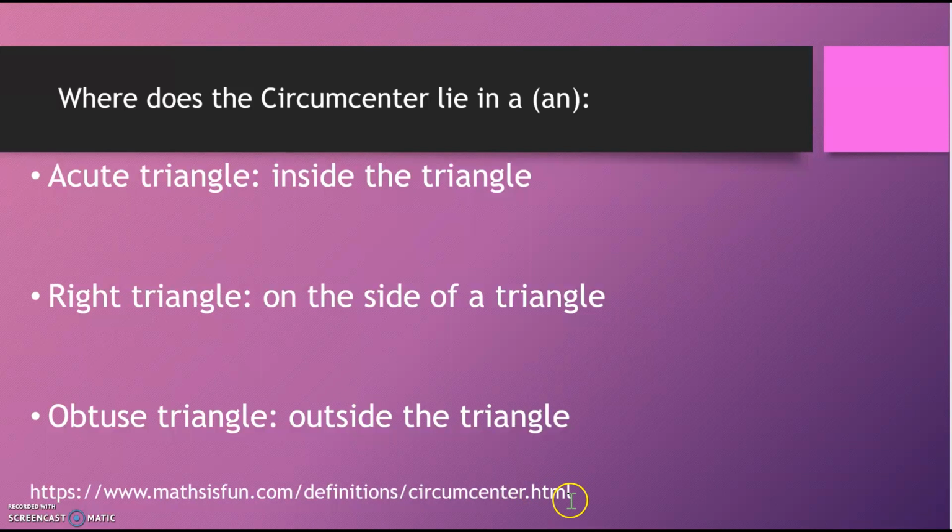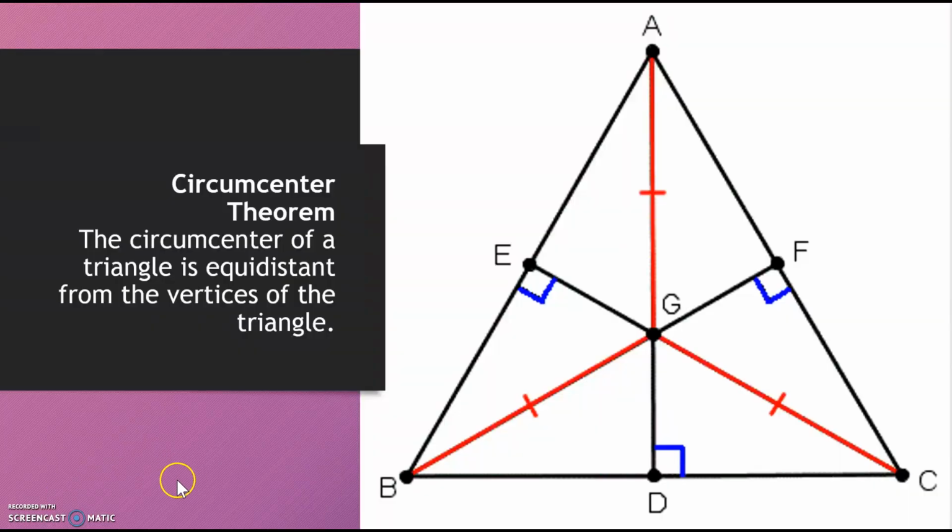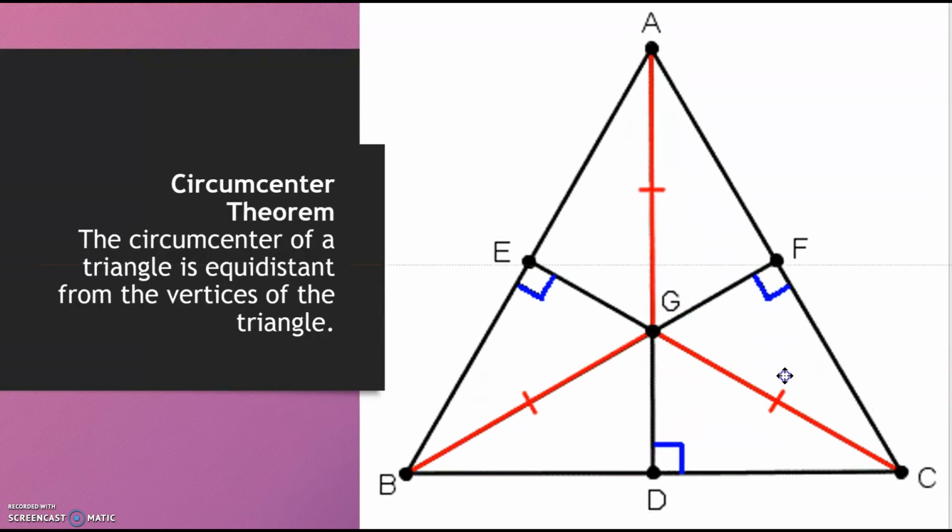You can also find all this at mathisfun.com. It talks about the circumcenter, and there's the circumcenter theorem. It tells us that any point that lies on the perpendicular bisector is an equal distance from the endpoints of that line. So that means that these segments created are all congruent.